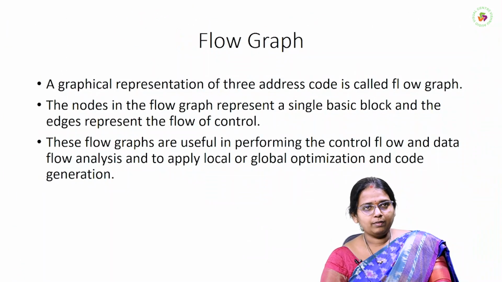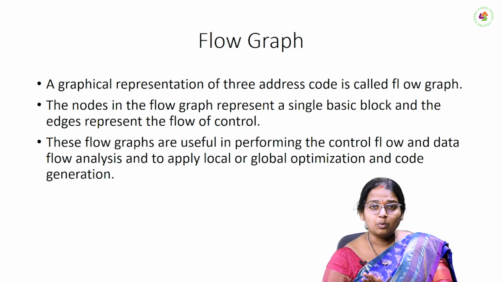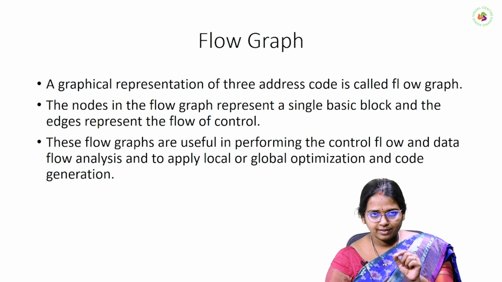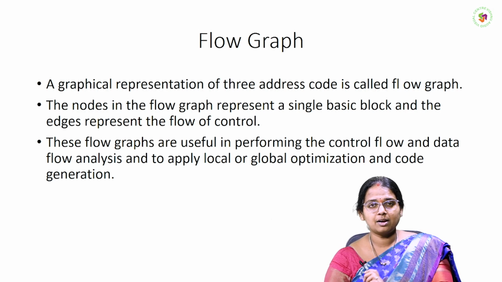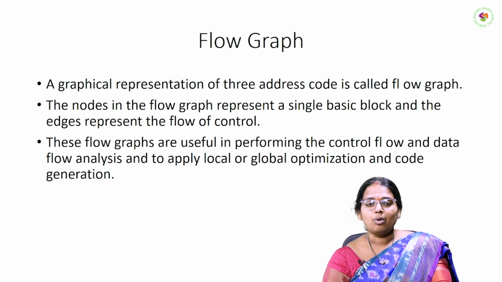For control flow analysis, the intermediate code is constructed as a flow graph. A graphical representation of the three address code is called a flow graph.